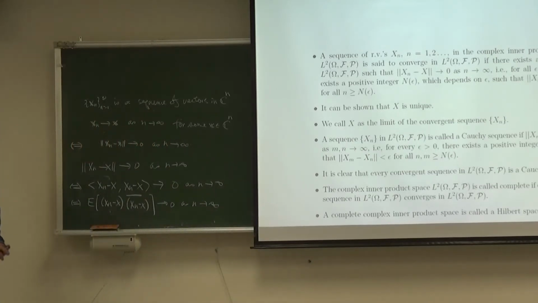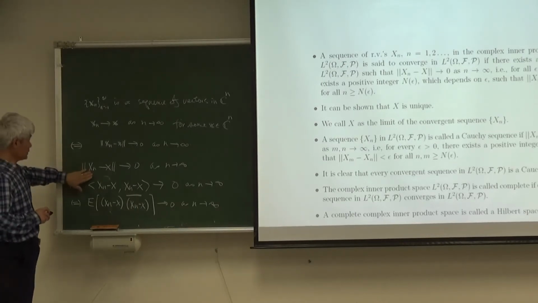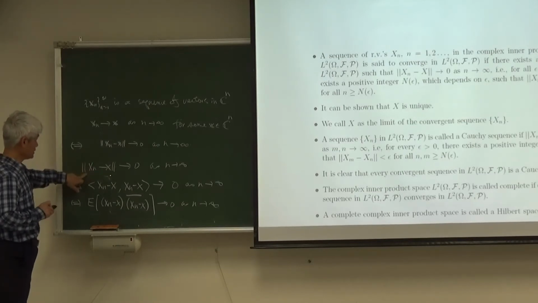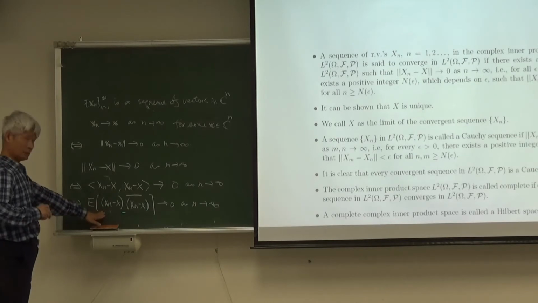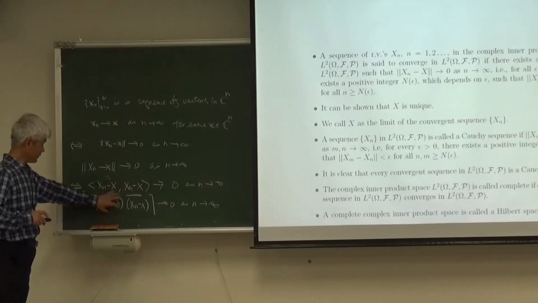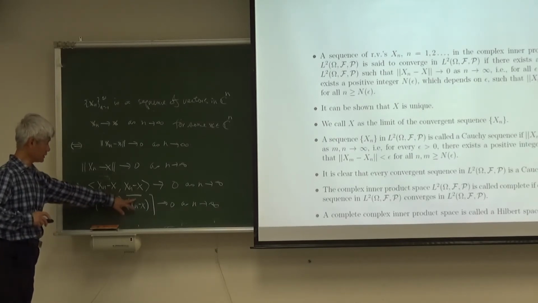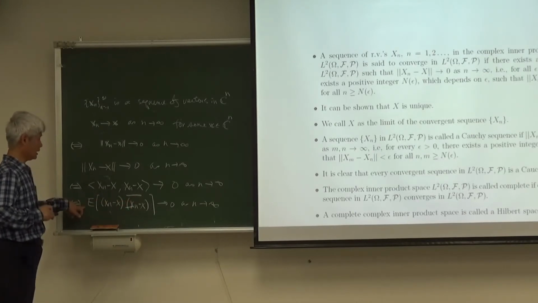This is the inner product from before. So that means that a sequence of random variables Xn converges to a random variable X if and only if the expectation of the difference times its complex conjugate goes to 0.